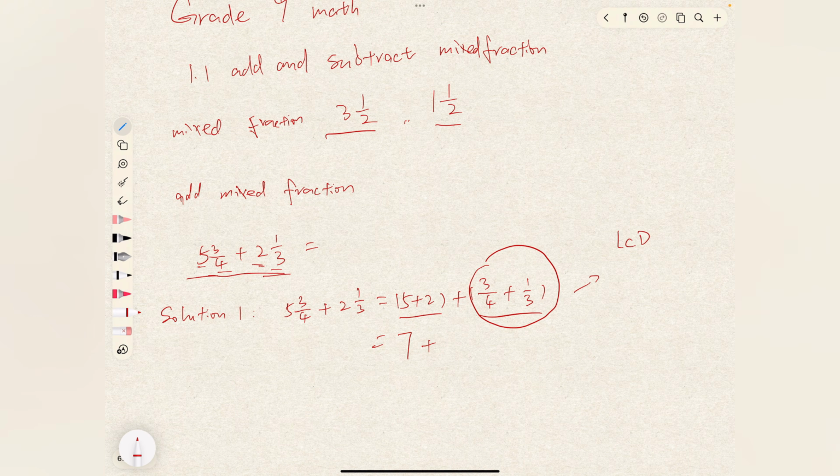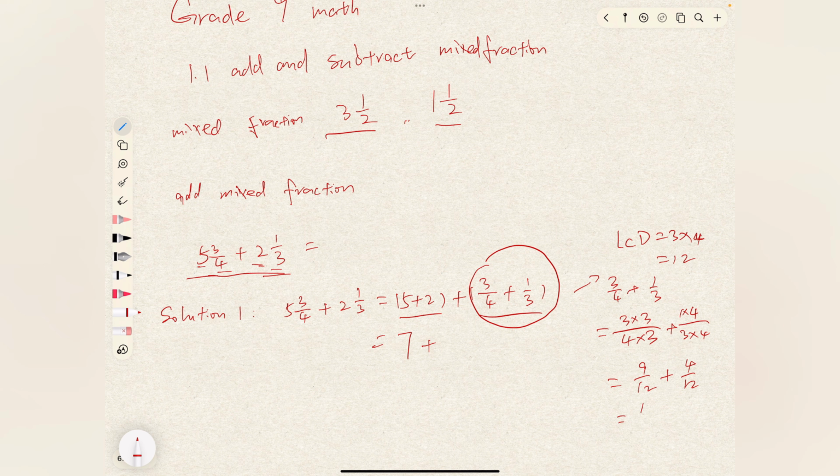The LCD is 3 times 4, which is 12. So 3 over 4 plus 1/3 equals 3 times 3 divided by 4 times 3 plus 1 times 4 divided by 3 times 4, which is 9 over 12 plus 4 over 12.